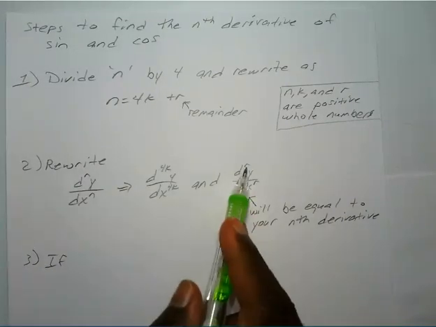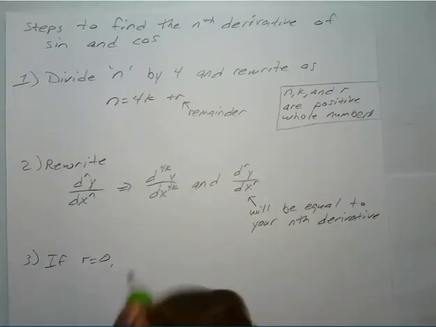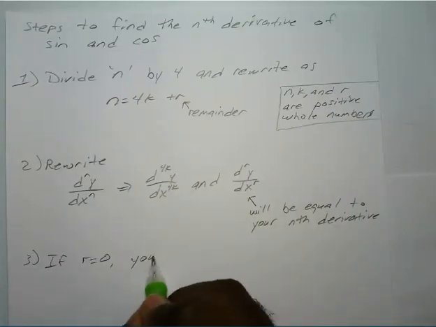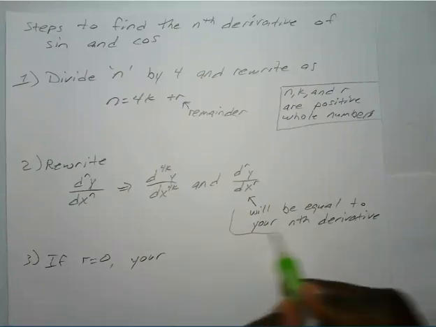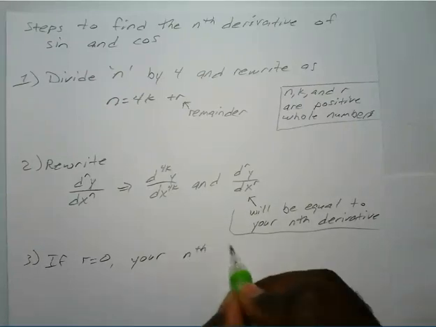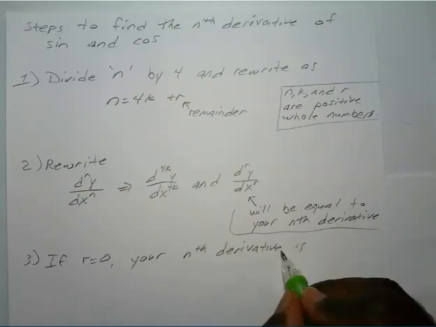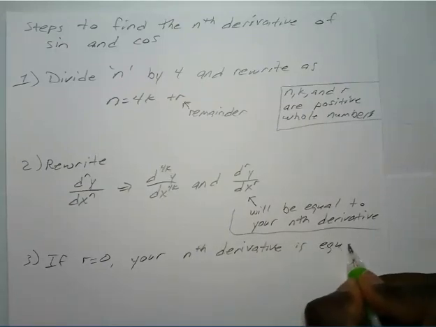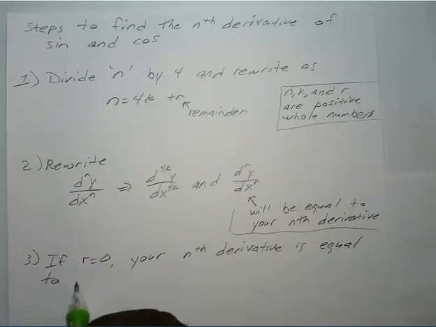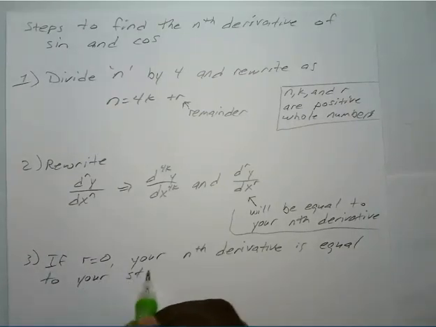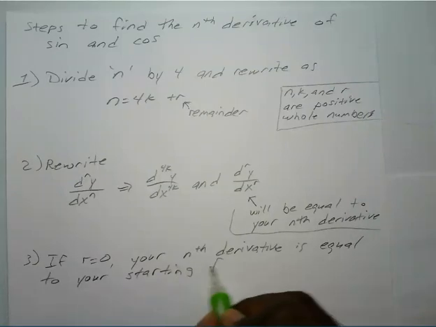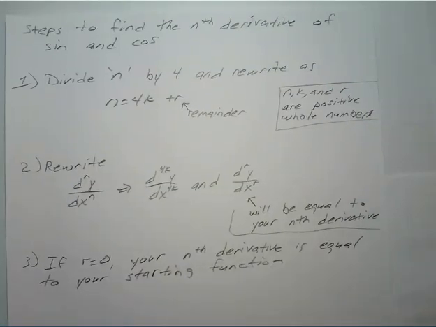Okay, so we know that if your remainder equals 0, your nth derivative is equal to your starting function. Okay, so if you started with y equals sine, and your r equals 0, then it's going to be y equals sine.